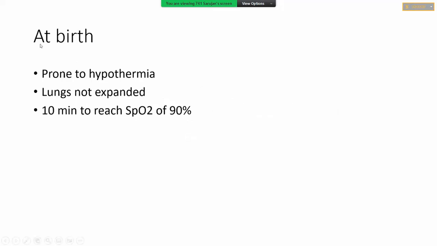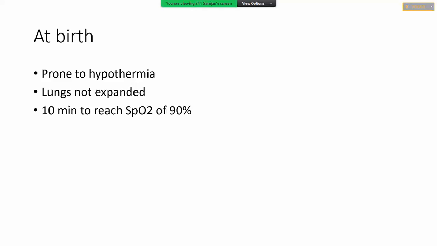At birth, there is no need to remember these details. I'm just giving the broad overall idea of how to approach a child at birth. The problem the child has at birth is that the body surface area is high, so the baby is prone to hypothermia. Hypothermia means heat loss is high, so we have to prevent that. The lungs are not expanded properly, so the baby is also more prone to respiratory distress.